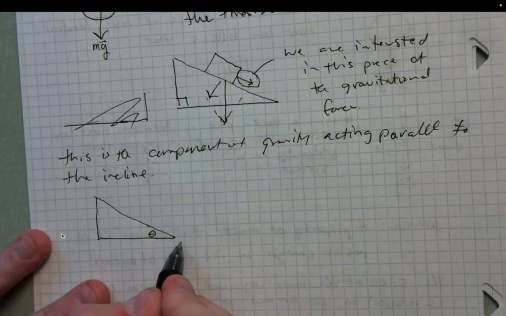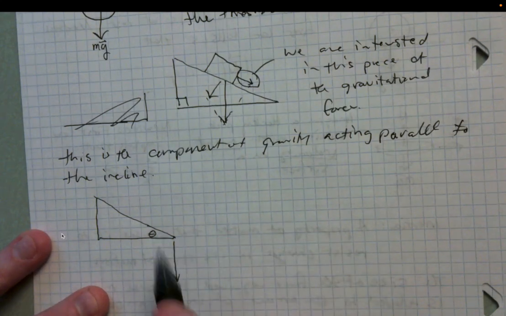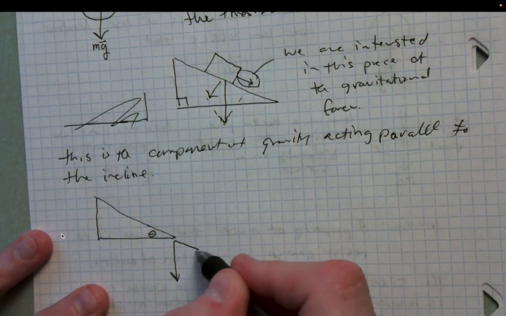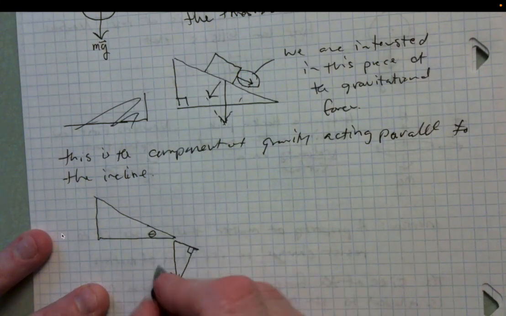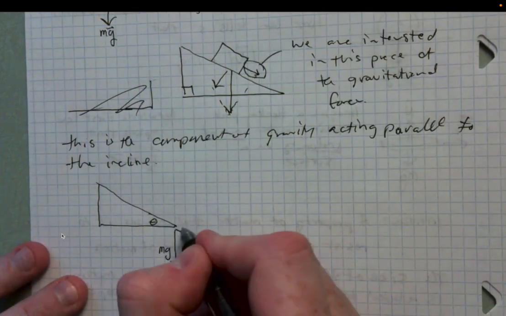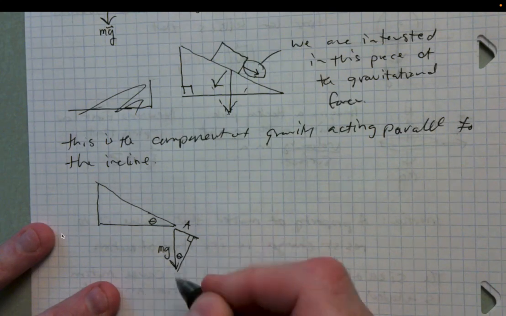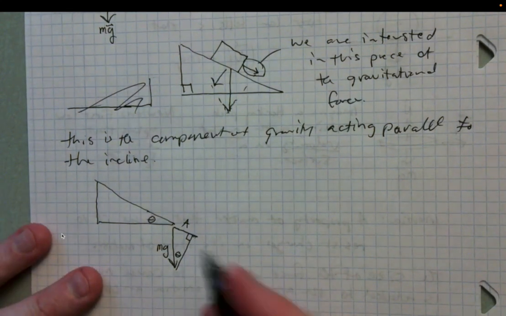Technically, you've got gravity pulling the thing straight down. That's mg. But you've also got these different components. You've got the component going like this, and then a component that's perpendicular to that. So this is mg, and the part we're interested in is this part, which I'm going to label A. This angle must be theta down there.